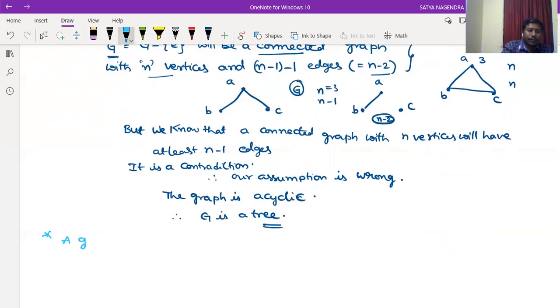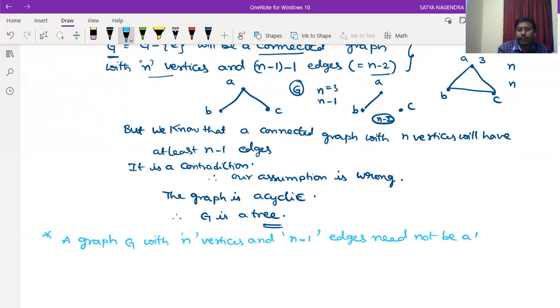A graph G with n vertices and n minus 1 edges need not be a tree. You know the definition of a tree you observed already.